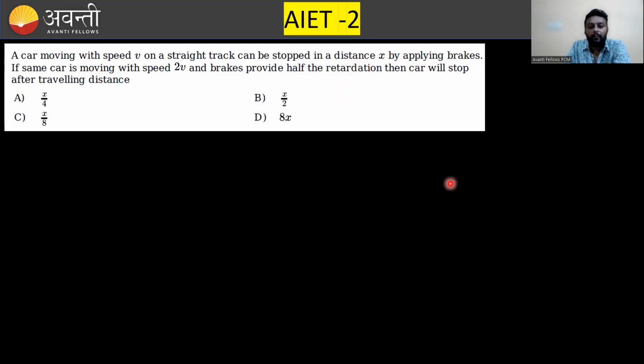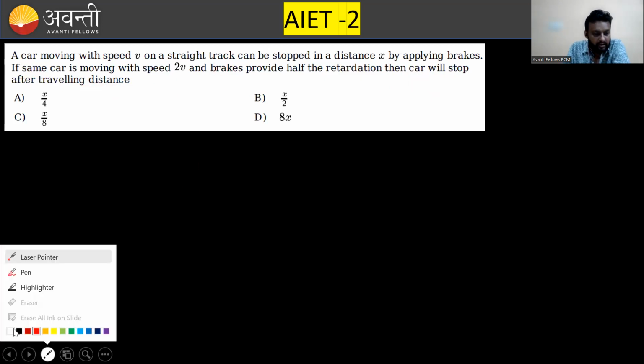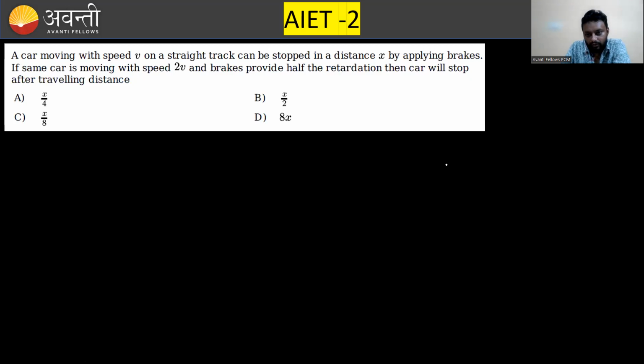Okay. So let's see what you can get by this information. After that, they are saying if the same car is moving with the speed 2v and brakes provide half the retardation, then the car will stop after traveling what distance. So this is a simple question. Let's suppose this is a car. What kind of car is this one?